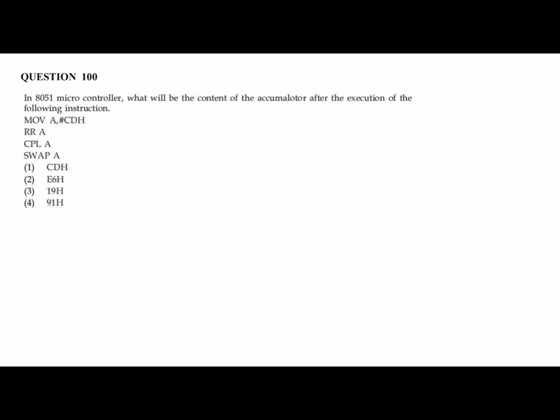Okay. Initially, accumulator A contains CDH hexadecimal. So in binary, accumulator A contains C is 1100 and D is 1101. Next instruction is rotate right accumulator.